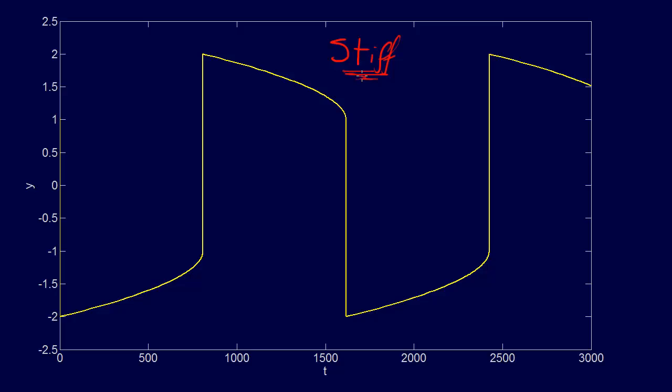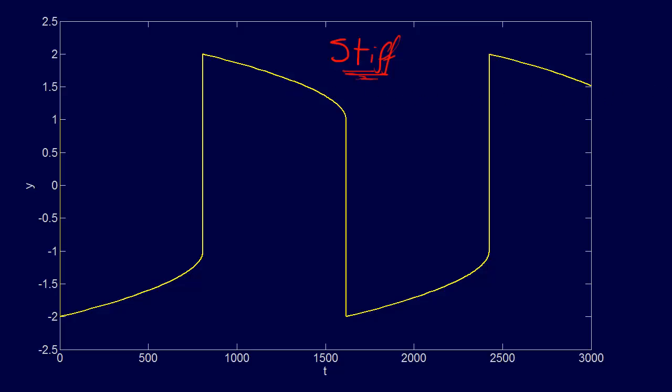In any case, perhaps another way that you might define a stiff system is a system where the explicit methods that we've introduced fail miserably.